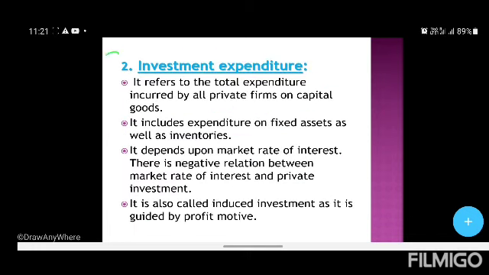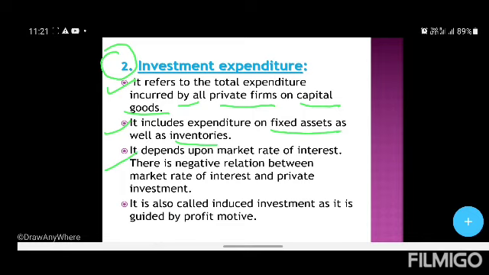Second, we have investment expenditure. It refers to the total expenditure incurred by the private firms on capital goods. जितनी भी हमारी मशीन्स हैं या टूल्स हैं, इन्वेस्टमेंट इम्प्लीमेंट्स हैं, रॉ मटेरियल हैं, उस पर जितना भी हमारा इन्वेस्टमेंट हो रहा है प्राइवेट फर्म्स का, that is called the investment expenditure. चाहे फिर वो हमारे फिक्स्ड एसेट्स पे हो या फिर इन्वेंट्रीज में.